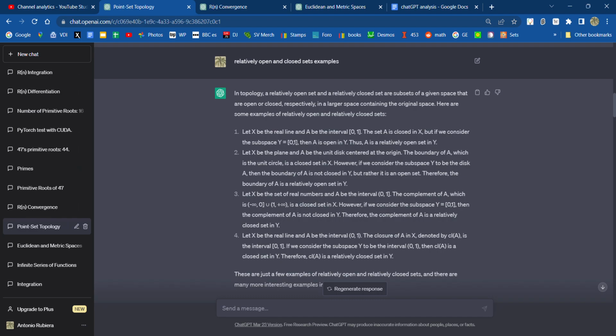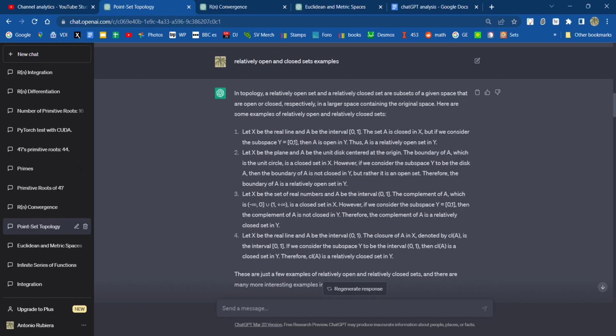The real line is X, A is the interval 0, 1, and the set A is closed in X. But then the subspace Y, and this is confusing here, because the subspace Y is actually equal to A. So A is open in Y, and it's a relatively open set in Y.